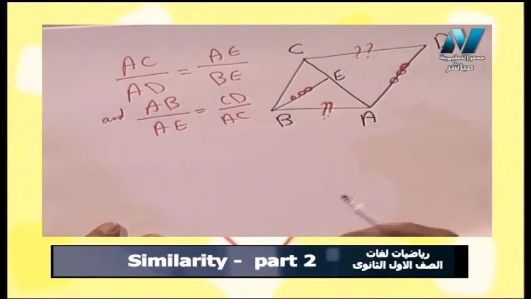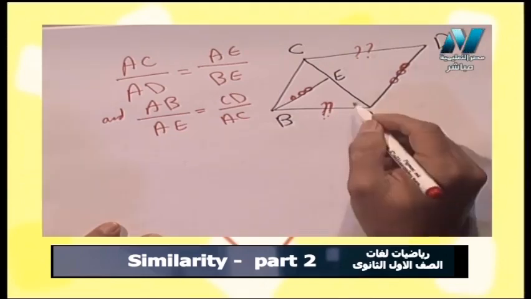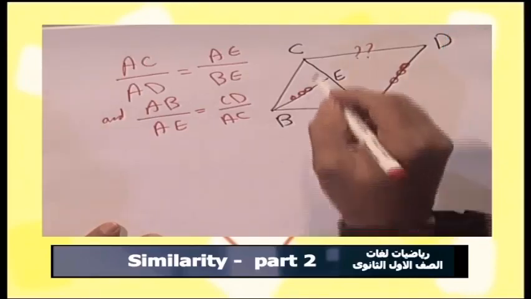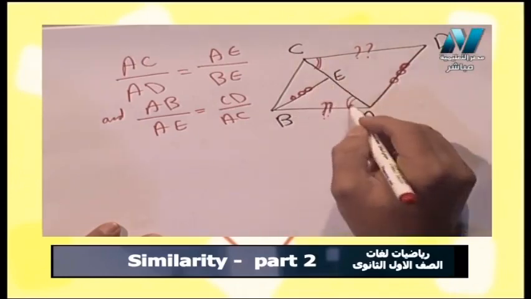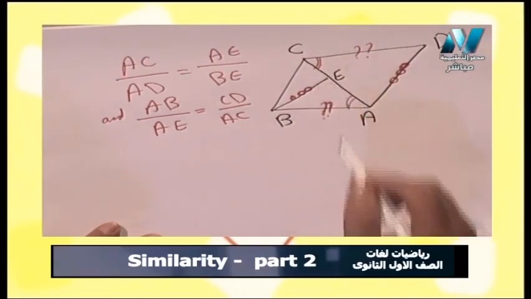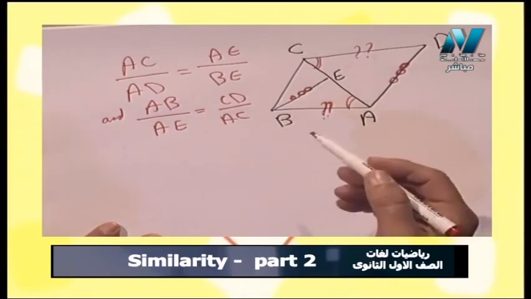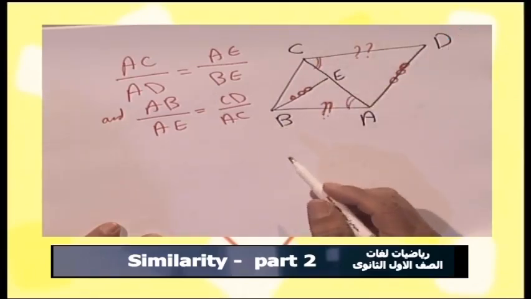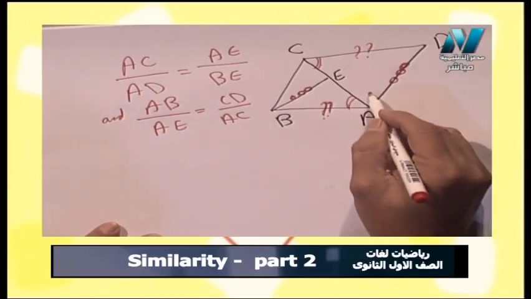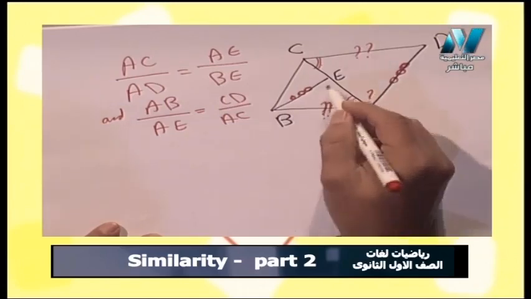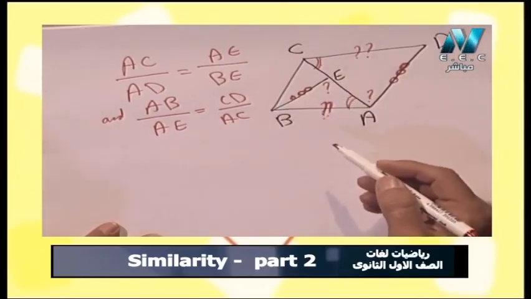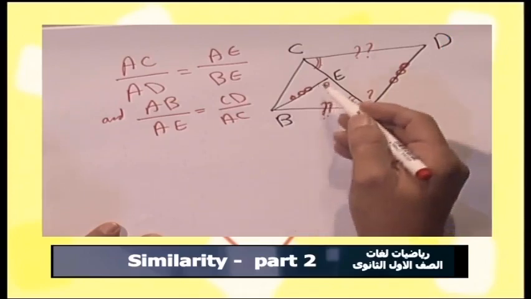When the two sides are parallel here, if we could prove that this angle equals this angle, and they are alternate, then we will prove easily that BA is parallel to CD. And if we try to prove that this angle equals this one and they are alternate, then we will easily prove that DA is parallel to EB.